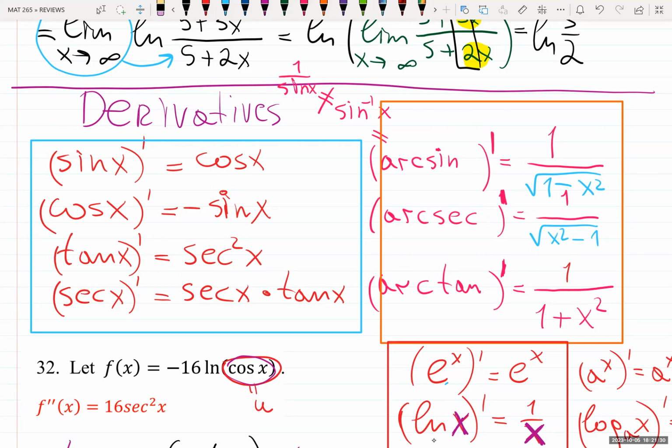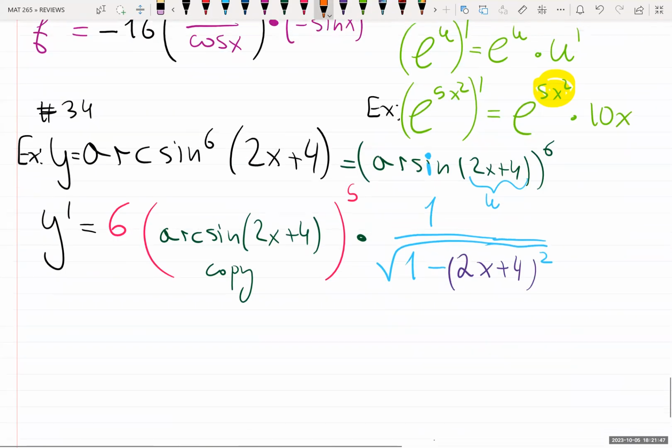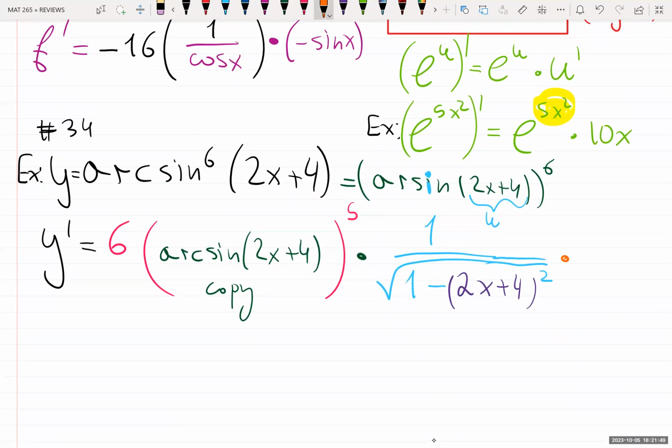So people remember, no matter how crazy this thing inside is, you're going to put it in the denominator and square it. And then times u prime. That is the idea. So I will do times u prime. U is 2x plus 4. That's 2. That is the answer.